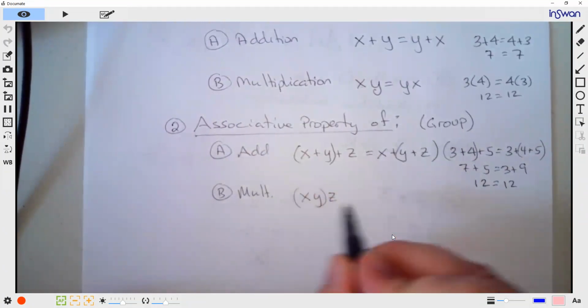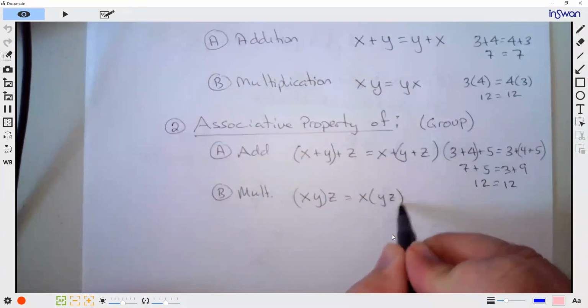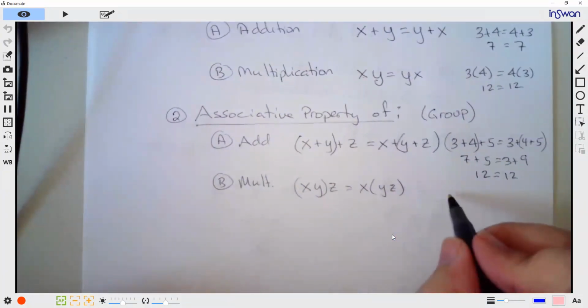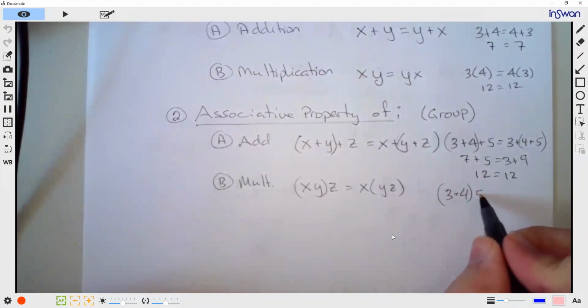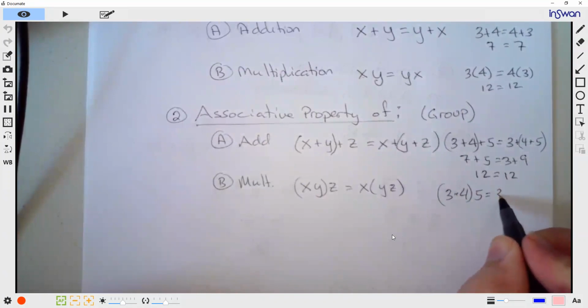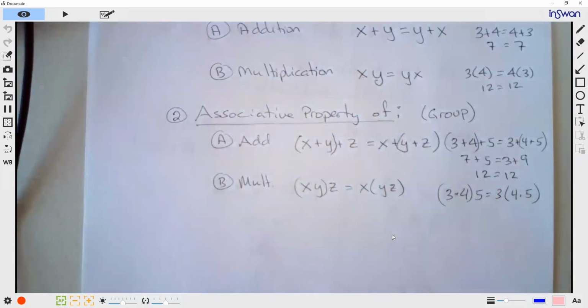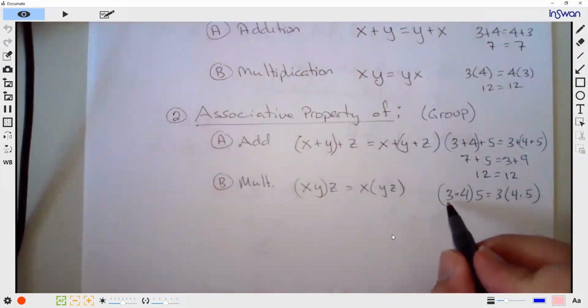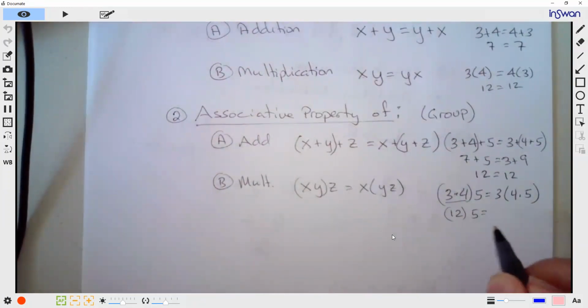The same thing with multiplication. So the importance of this rule is if the signs are all the same, then we can pick whatever two numbers we can combine first. 3 times 4 is 12. 12 times 5 is what?